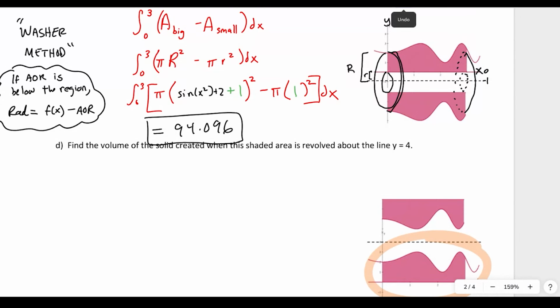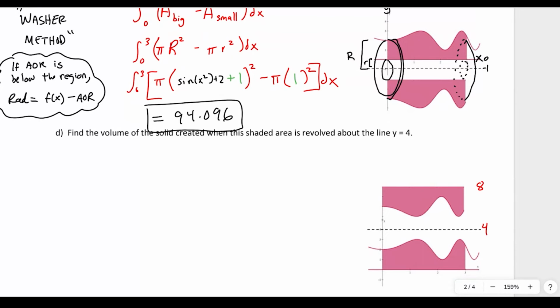Let's say we want to revolve it around the line y equals 4. So here's 4. That would mean here's 8.